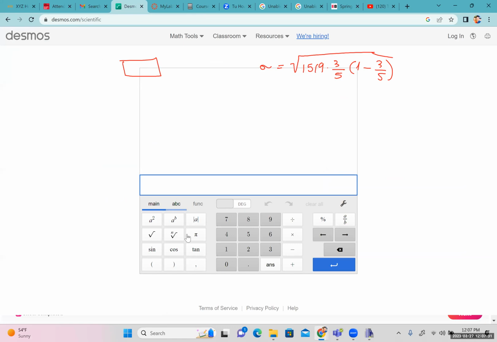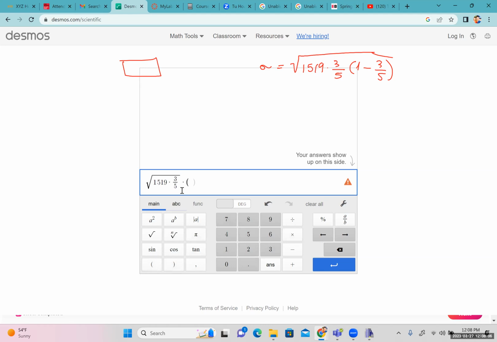Okay, so we have square root and then 15 1 9, times with 3 divided by 5. Right, and then I have to multiply by parentheses.